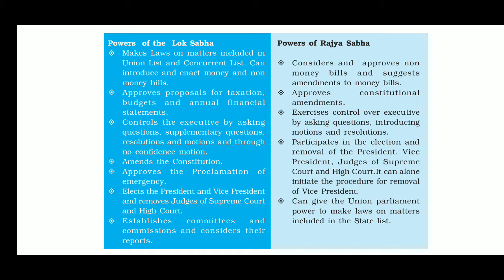It can alone initiate the procedure for removal of the Vice President. Can give the Union Parliament power to make laws on matters included in the state list.